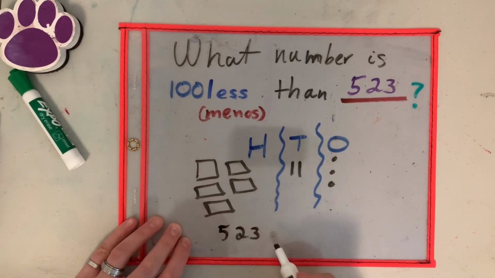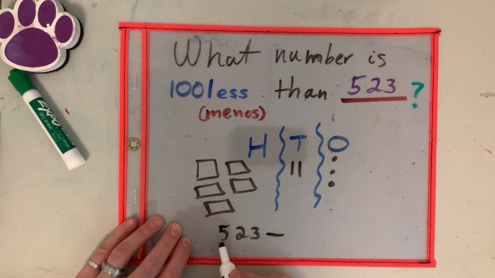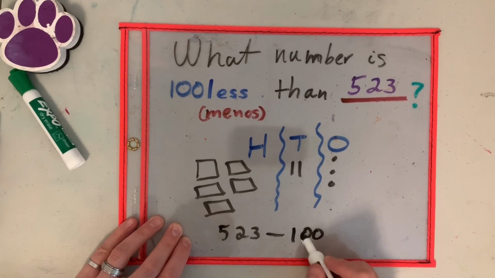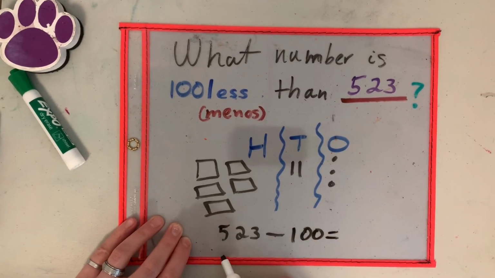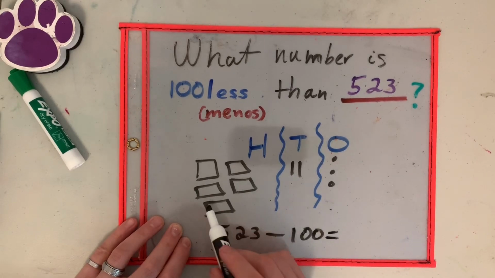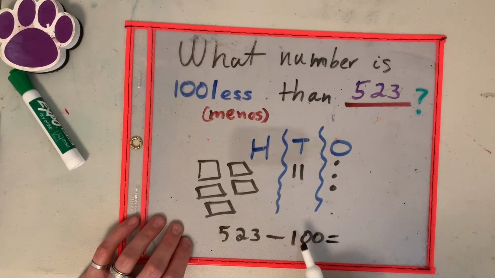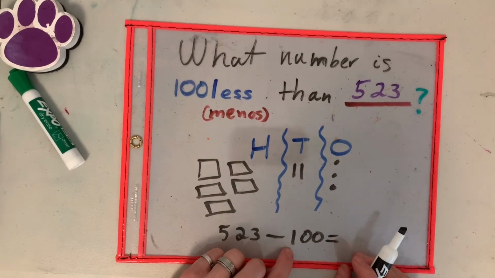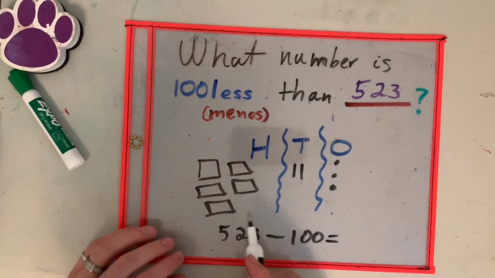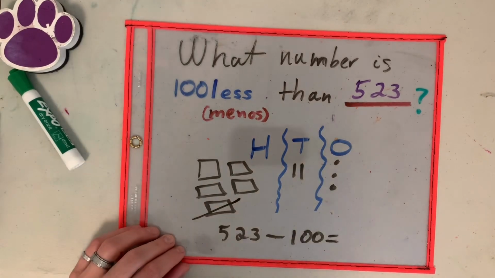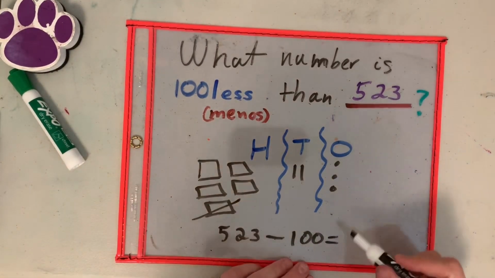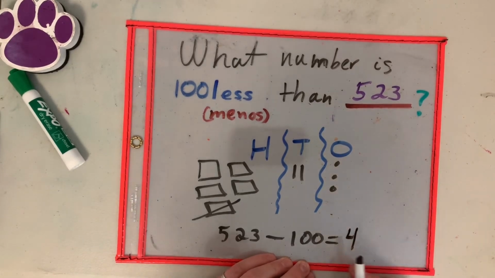This means that we are subtracting 523 minus 100. It's 100 less. So how many hundreds do I need to take away? I need to take away 100. So I'm going to cross it out. And I have 1, 2, 3, 4. I have 4 hundreds left.